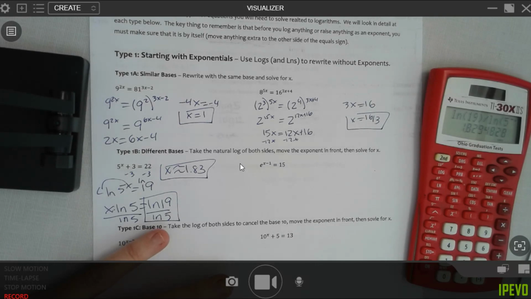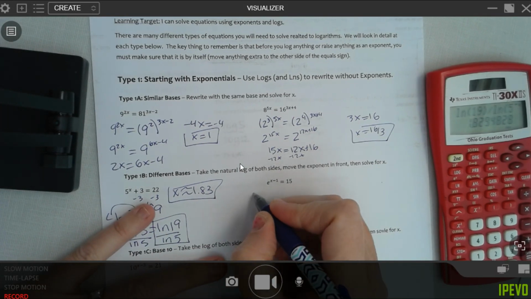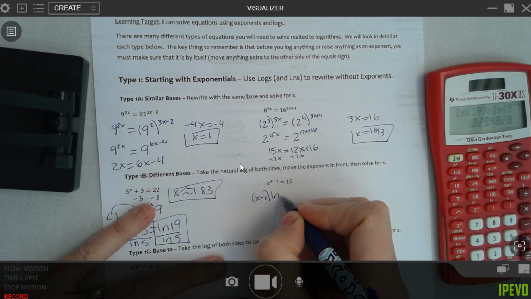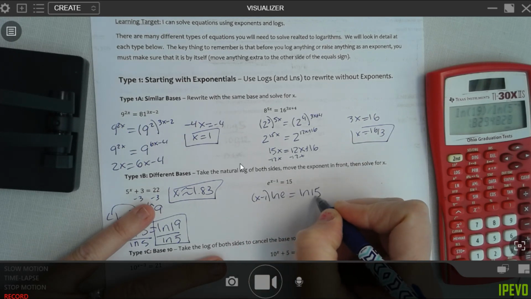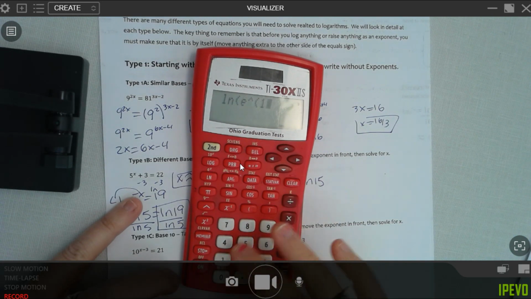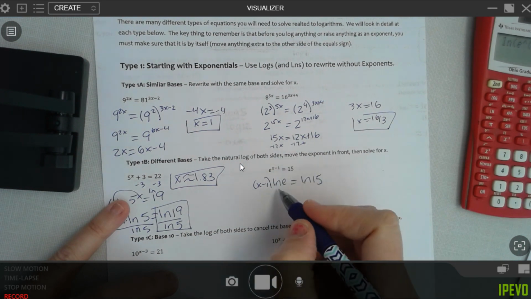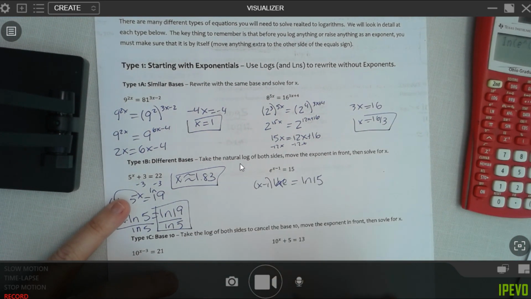So on this one right here, I'm going to natural log both sides again, and the exponent will come out in front. So I'm going to have x minus 1, natural log of e. You have to remember that. Remember natural log of e? We did that on our other paper. Natural log of e was 1. So this is actually 1 in here. 1 times something doesn't change it.